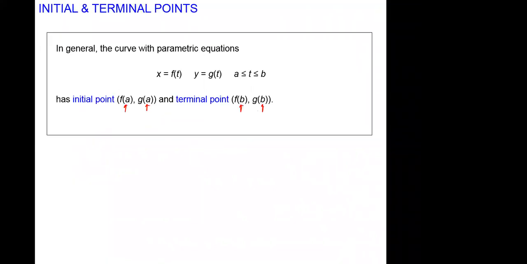My arrows stay. That's where we can see we have the same parametric equations, but we do have a restriction. When I substitute a, I have the initial point. When I substitute b, it's the last one, the terminal point. Just to know the terminology, if you have a question, compute the initial point of the parametric curve, or compute the terminal point of the parametric curve.